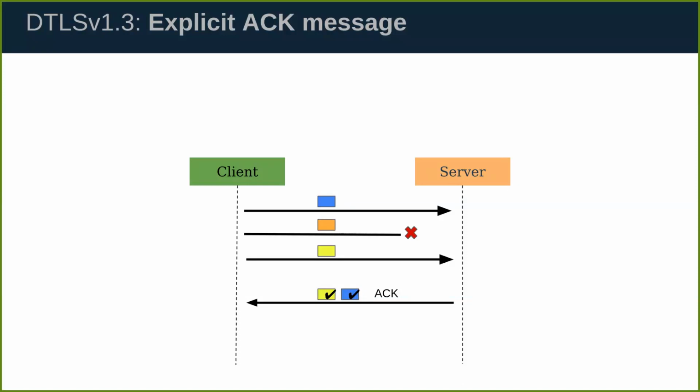That way the client can immediately replay the dropped message. The client receives the ACK that the server received the first and the third message, and it only retransmits its second message. This way we're not wasting bandwidth, and we're also saving time in the process.